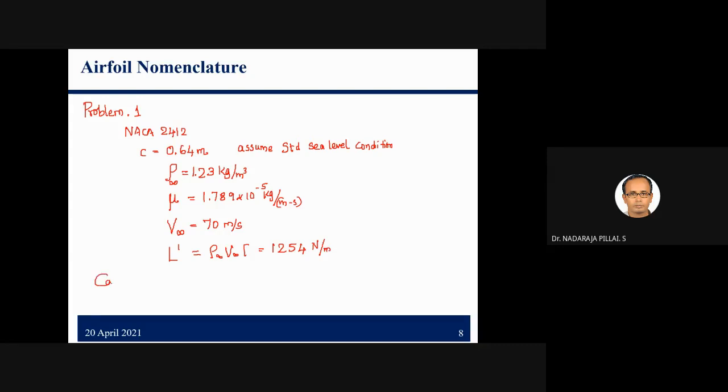Calculate the angle of attack alpha and the drag per unit span. Please note the problem.